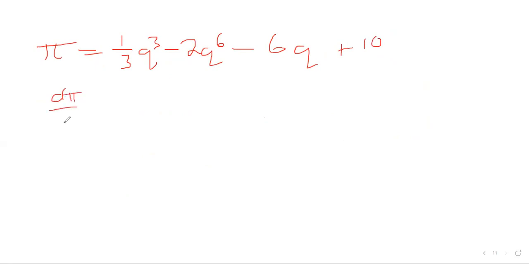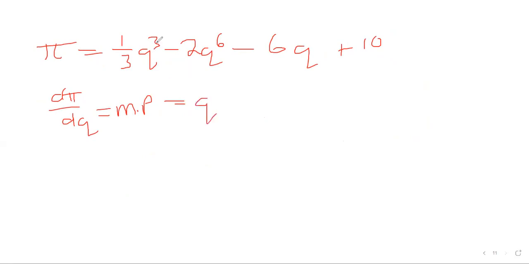So profit is given by pi. So if we're given profit, so this is the profit over the Q. So this is called the marginal profit. So if we're going to differentiate 1/3 Q cubed, 3 times 1/3 is 1. We never write 1, it's invisible.